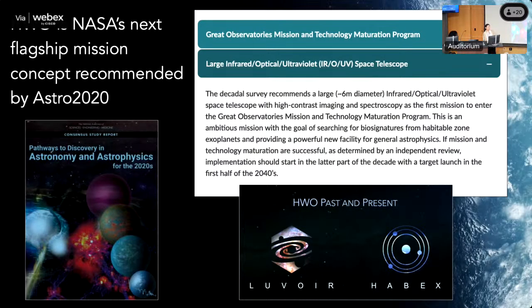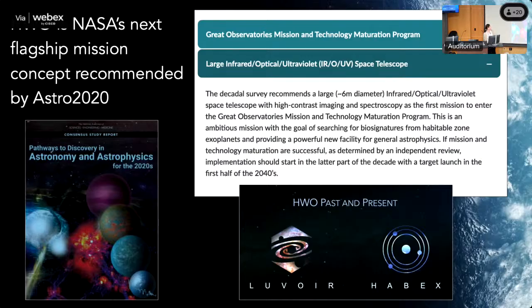And this is not to be taken lightly because a considerable number of our esteemed colleagues, including some people on the SOC for this conference, led by co-chairs Fiona Harrison and Rob Kennicutt, put a lot of work into determining what the priorities for astrophysics should be for this decade.